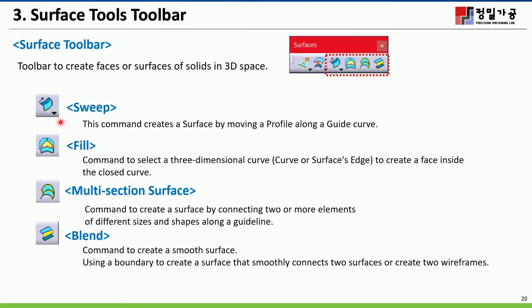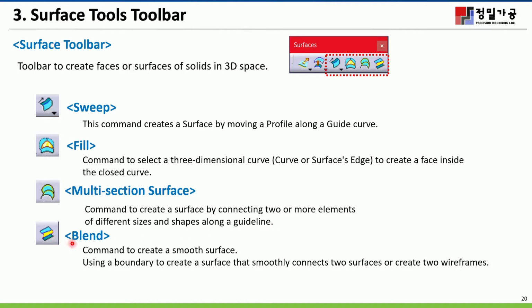And also there is a sweep to create the surface by moving a profile along a guideline. Okay, and also there is fill to create a surface inside a closed curve. And there is multi-section surface, of course, to create a surface by connecting two or more elements with different size and shape along a guideline.